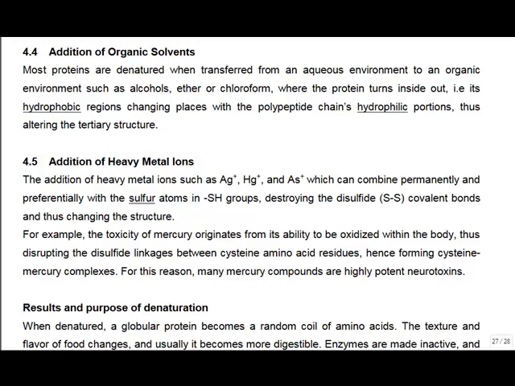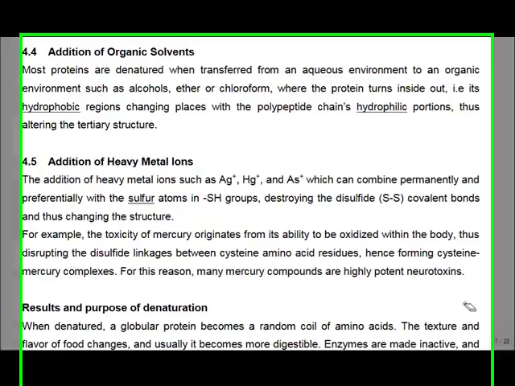Another example is when we add organic solvents to protein. We know that proteins are folded in such a way that the hydrophobic regions are usually buried in the core of the protein to maximize on the hydrophobic interactions.